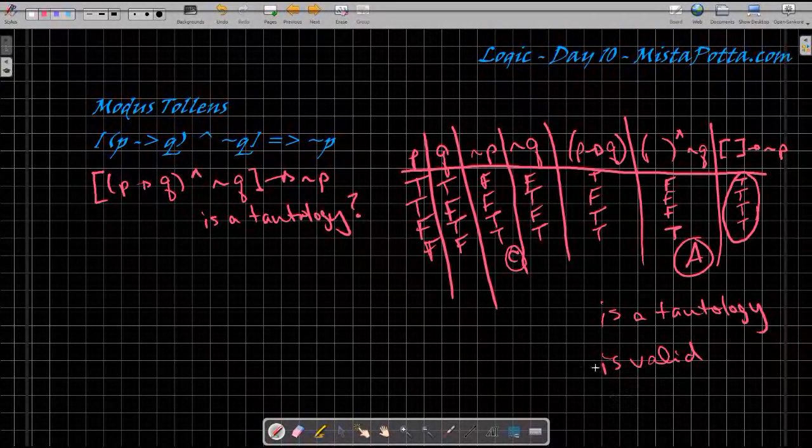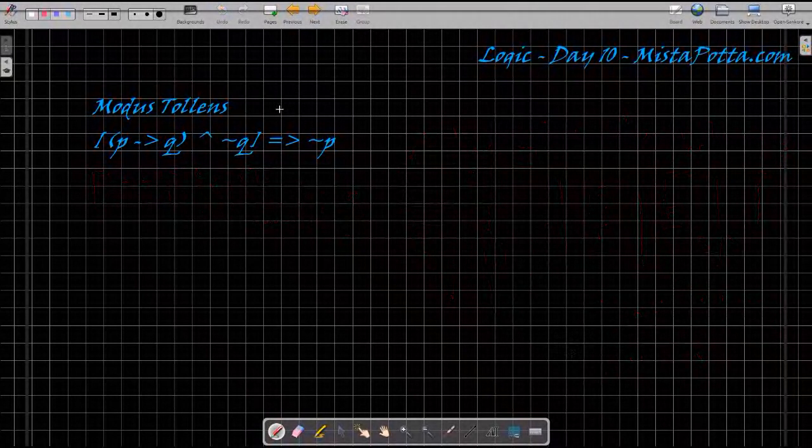And again, as we spoke about with Modus Ponens, it's not just enough to have memorized this equation, but we really need to understand the form that we've got here.